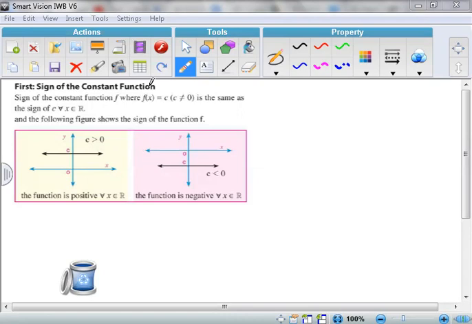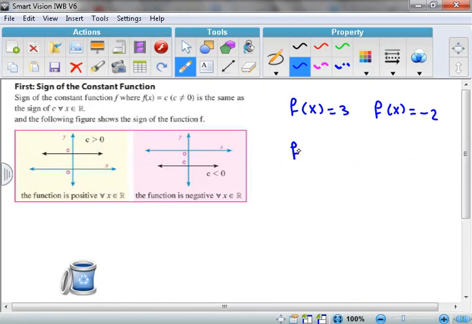Constant function means f of x equals 3, f of x equals negative 2, f of x equals negative 1, f of x equals 4. These are constant functions.